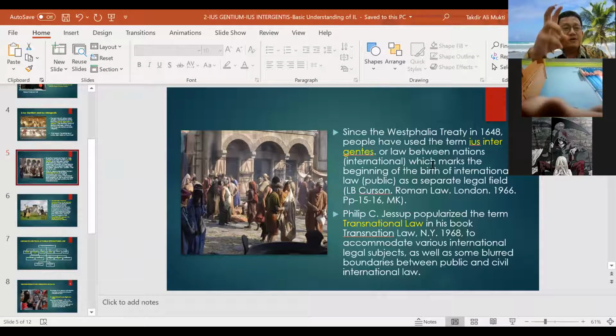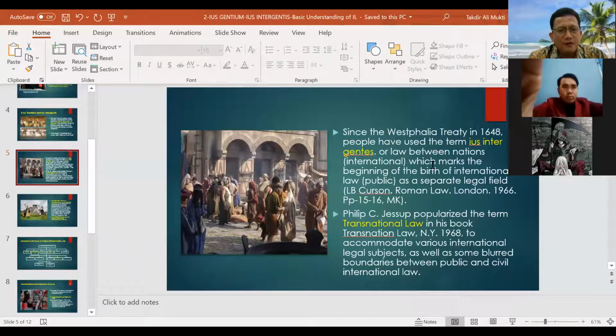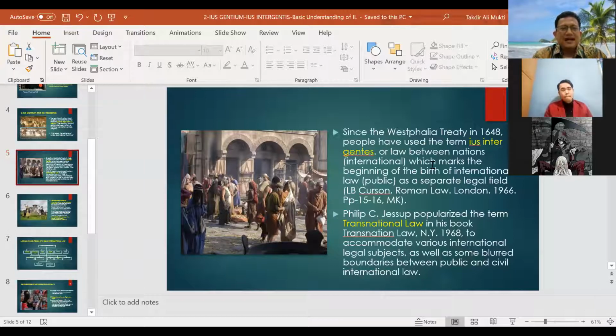So the principle of international law does not use ius gentium like before, but after the Westphalia Treaty, the scientists in international law recognized a new principle, what they call ius intergentis. So international law today refers to ius intergentis, not ius gentium, the legacy from the Roman Empire.